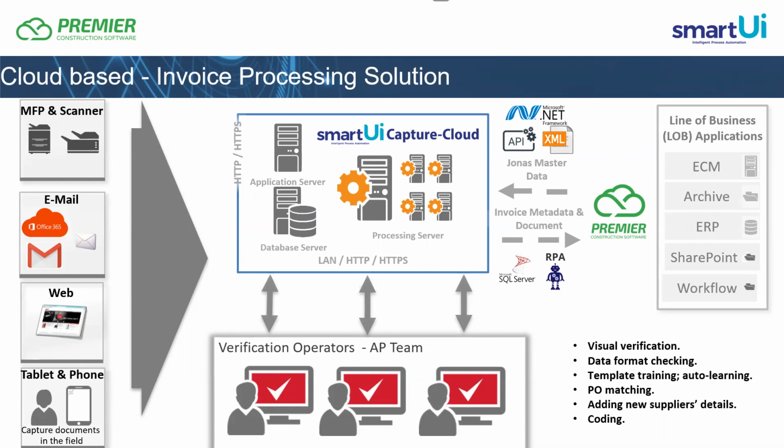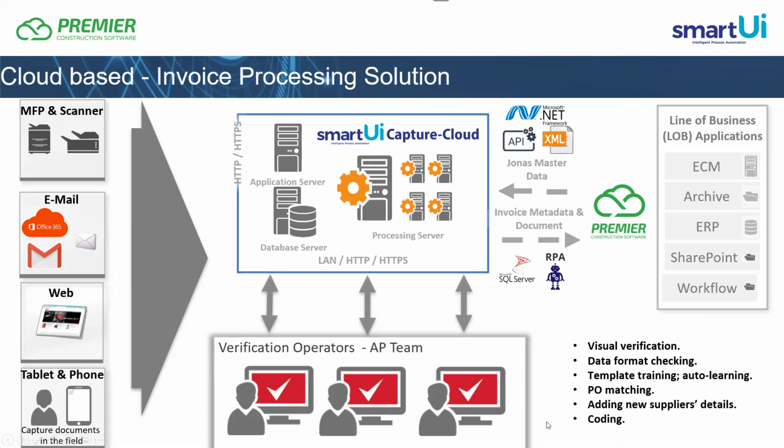So for example, one of your suppliers, whether it's Home Depot or one of these other ones over there, will email you an invoice. It will then automatically be ingested into our cloud platform, all the data extracted, and then be available for one of these verification operators to look at the particular invoices.